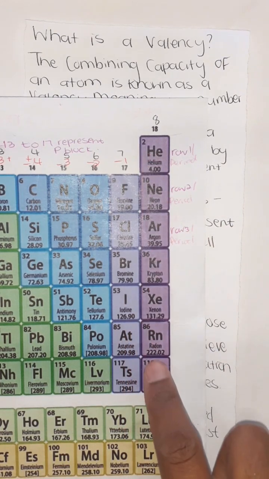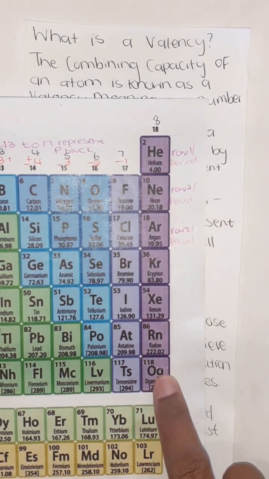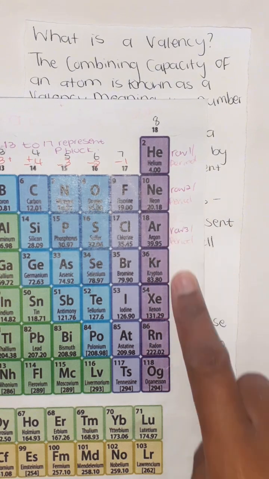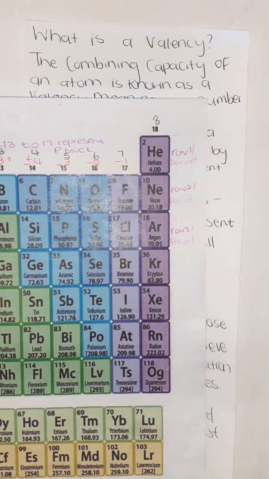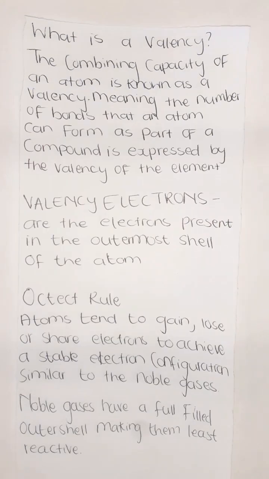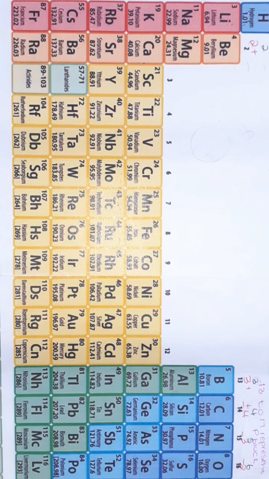This part of the periodic table represents the noble gases, helium, neon, and the rest. Those noble gases are fully surrounded when we draw the Lewis diagram. What we have here is called the periodic table of elements.